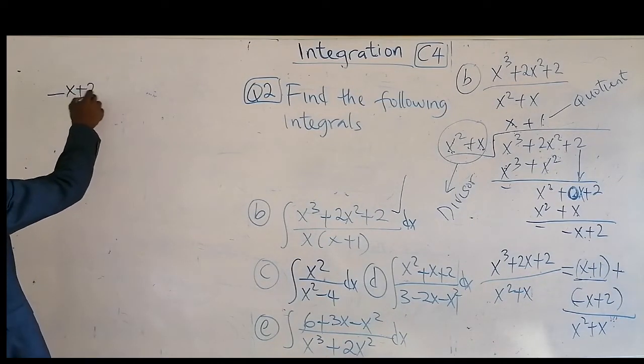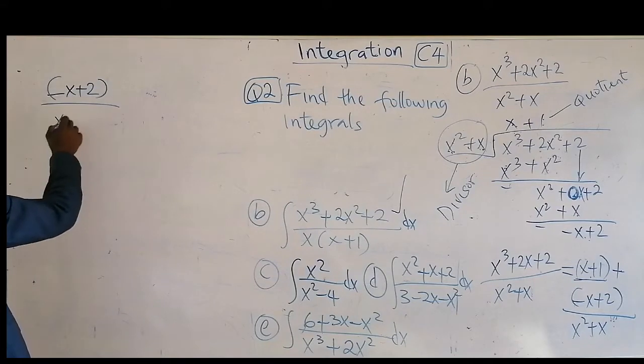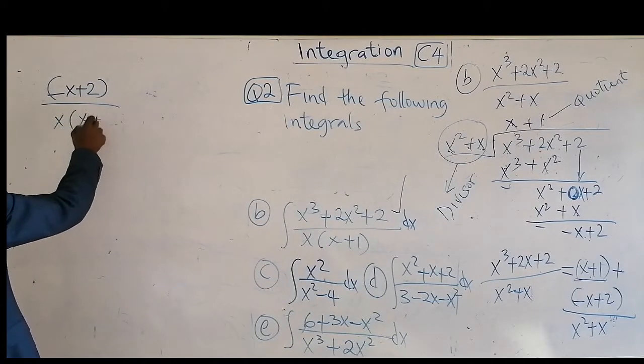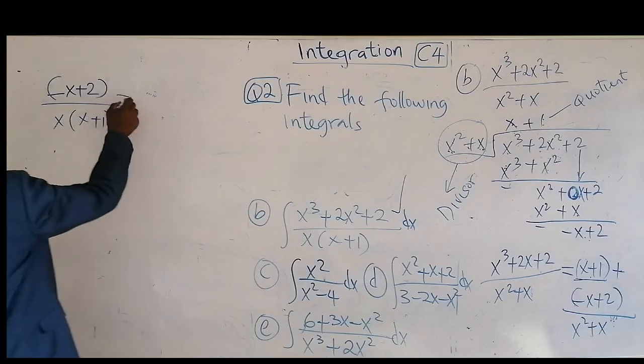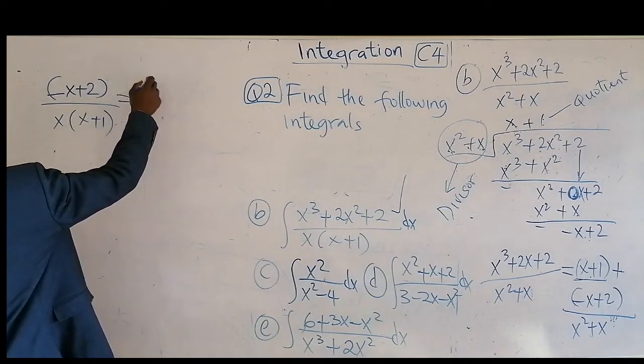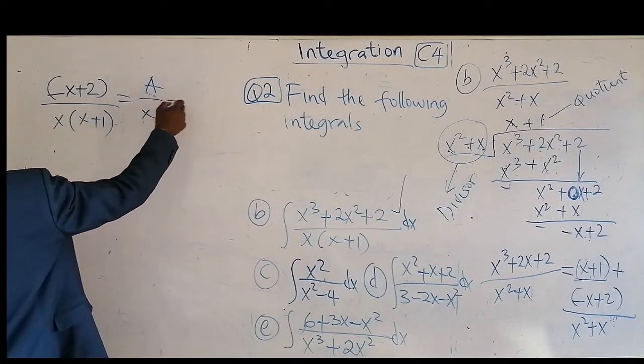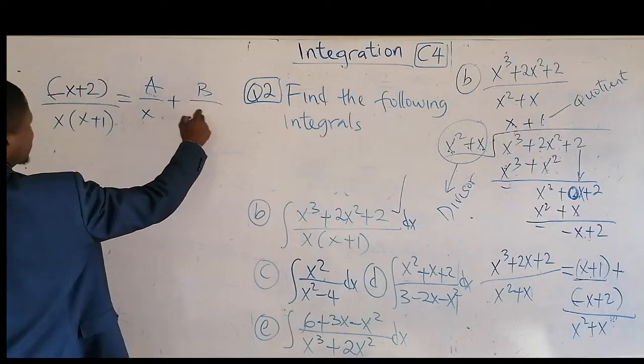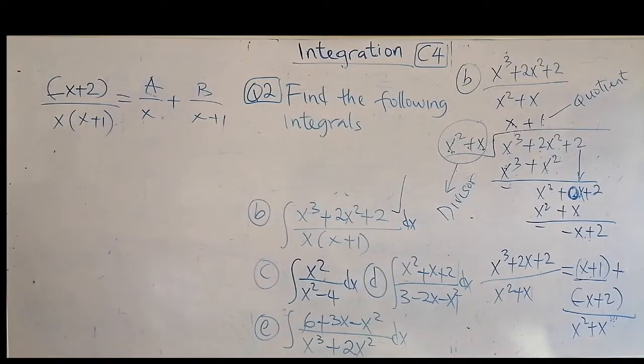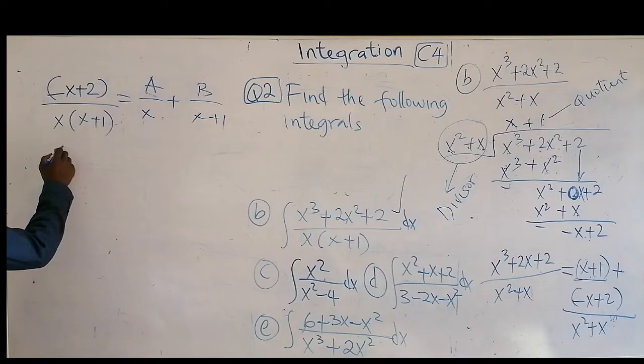So we now have minus x plus 2 all over x into bracket x plus 1, and that's equal to A over x plus B over x plus 1. So multiply through by the common factor.